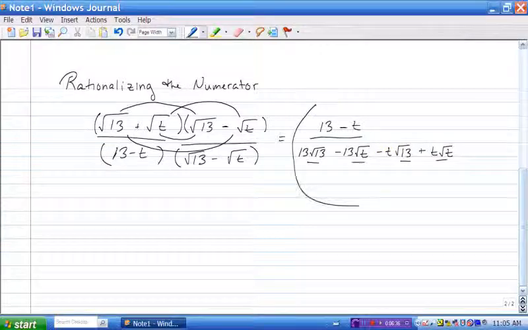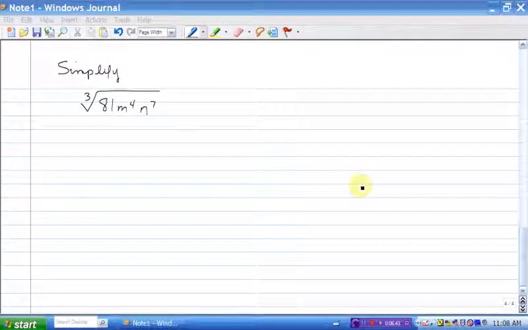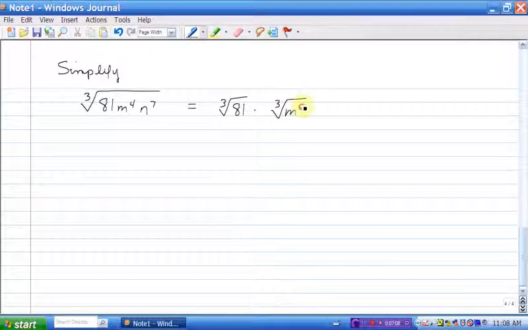Another simplification problem you might see is something like this, where we're taking the cube root of something where we don't have exponents that are even multiples of 3. So I'm going to go ahead and break this thing apart. To the cube root of 81 times the cube root of m to the 4th times the cube root of m to the 7th. Well, the cube root of 81, does it have a perfect cube root?